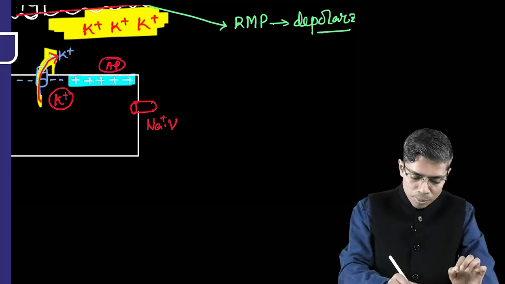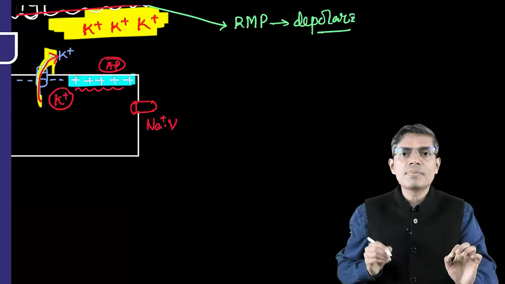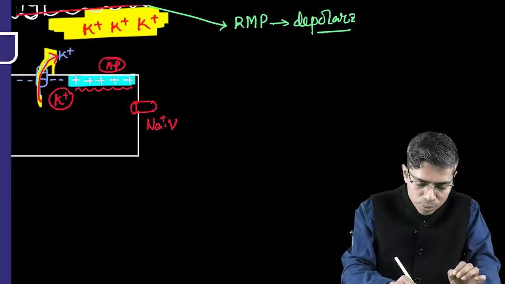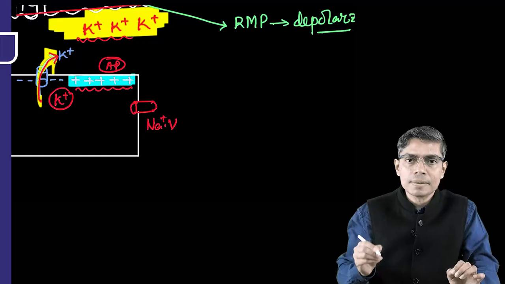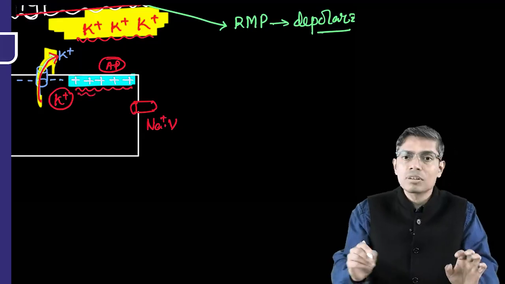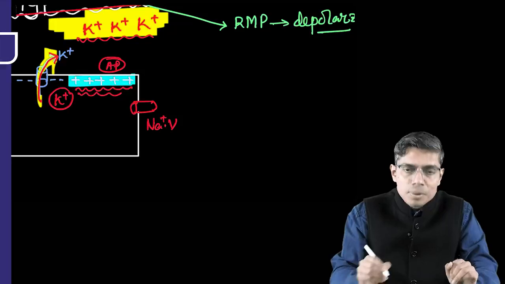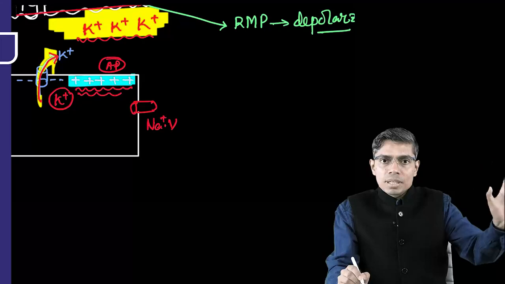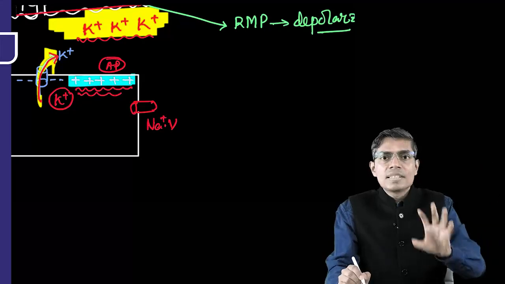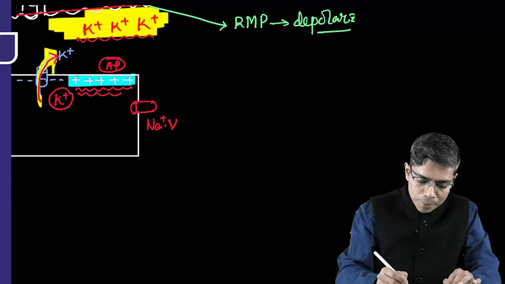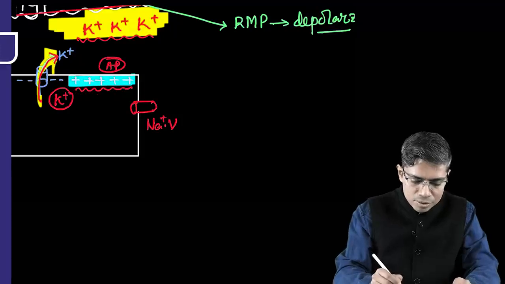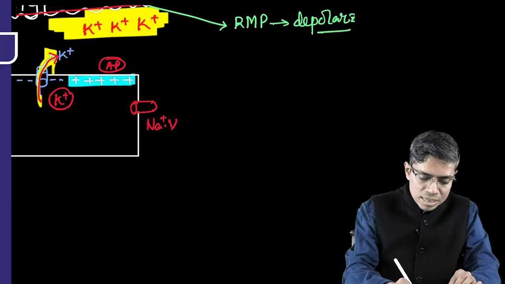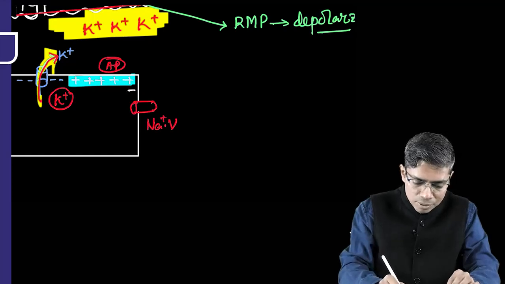But if this depolarization is not corrected for a long time, that means if you don't correct this hyperkalemia, then the depolarization will also not be corrected, because this depolarization is due to pathology, that is hyperkalemia. Persistent depolarization means, could you tell me which stage of the voltage gated sodium channel will persist?